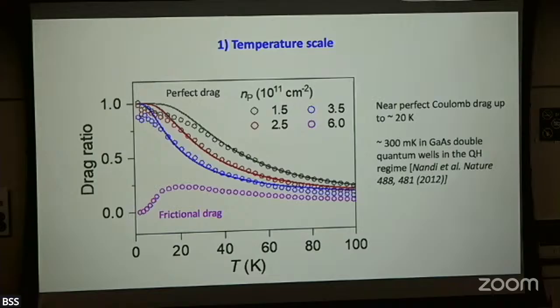We don't quite understand why there's non-monotonic behavior. I think this circuit of how we flow, how we drive the exciton, like the potential drop here and there, are things that need to be considered more carefully in order to analyze this. So I just show you there's this temperature scale, but the detailed dependence on density or temperature needs to be carefully modeled.